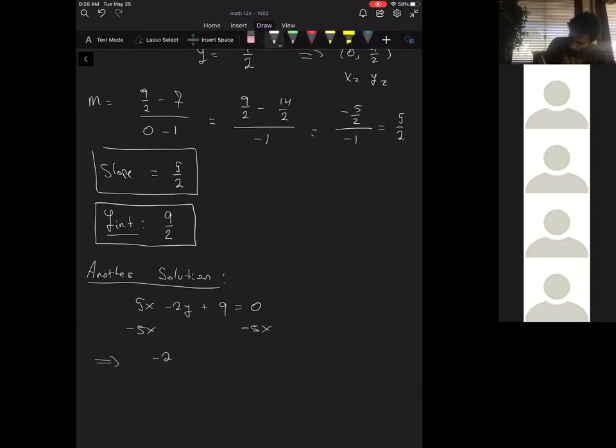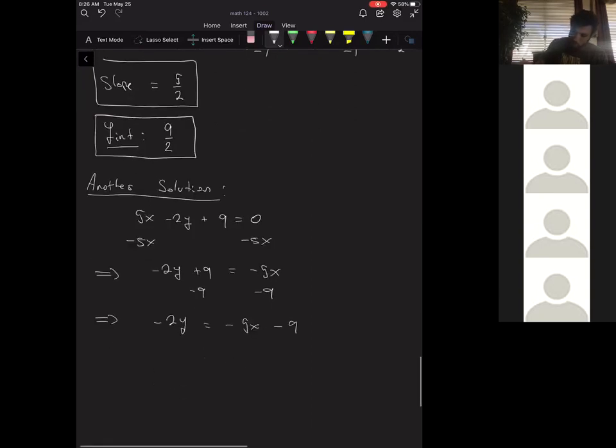And that gives us minus 2y plus 9 is equal to minus 5x. And then we can subtract the 9 over. Let's do that, minus 9, minus 9. And then we would get minus 2y is equal to minus 5x minus 9. And the last thing to do to solve for y is just divide by minus 2. And then what we get is y is equal to 5 over 2 x plus 9 over 2.